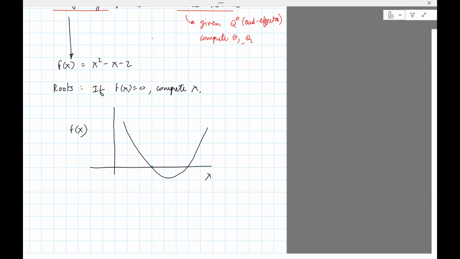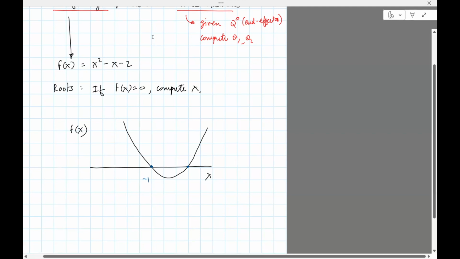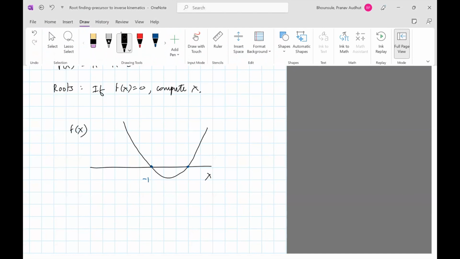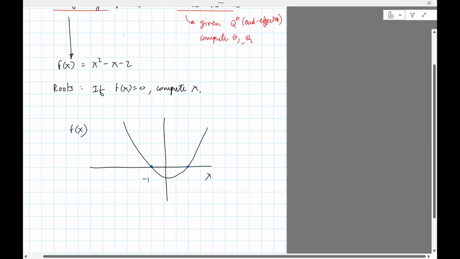Okay, one way of checking the roots is you make a guess, you put it in the equation and see if it comes out to be 0. So in this case, if I put -1, I think -1 will work. So maybe I need to draw this axis this way.